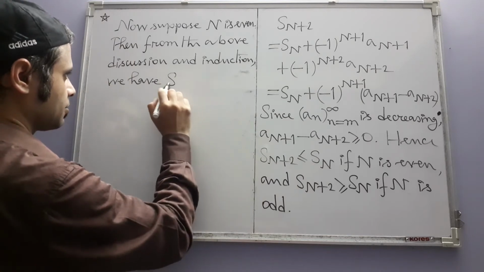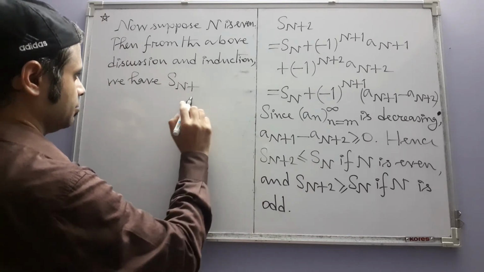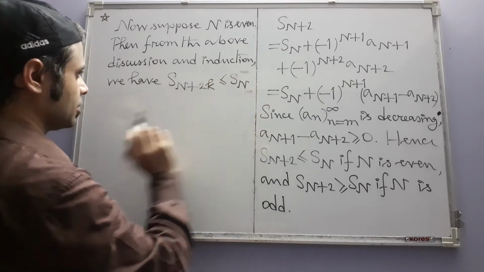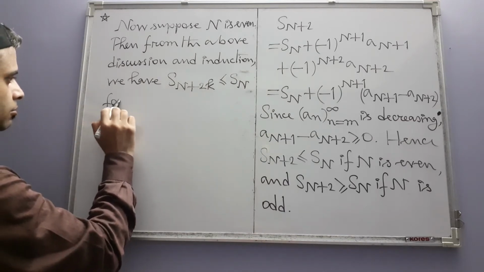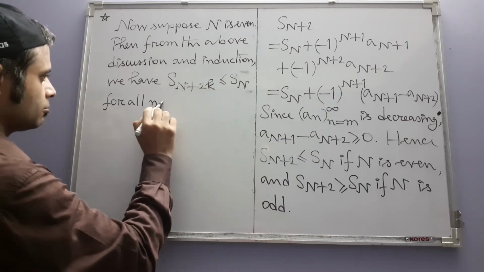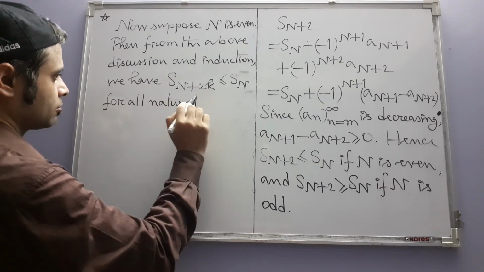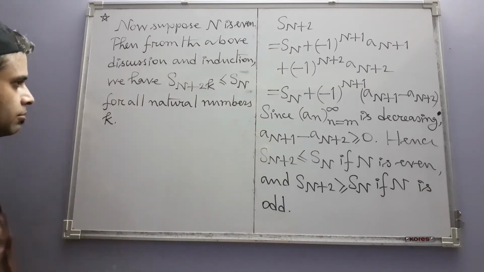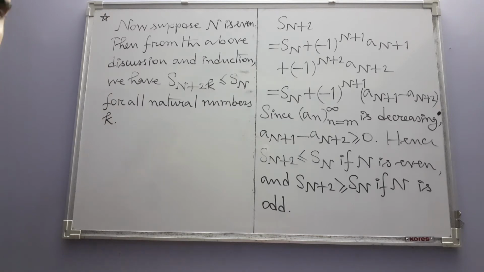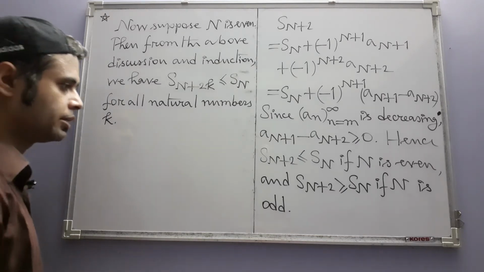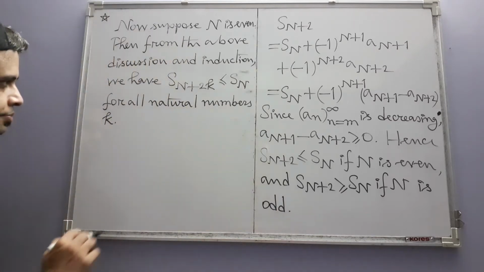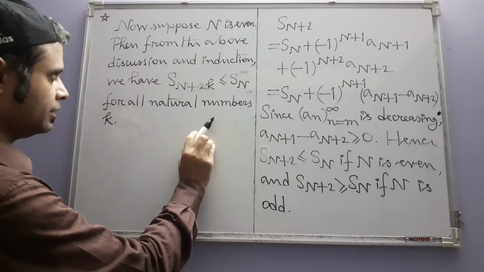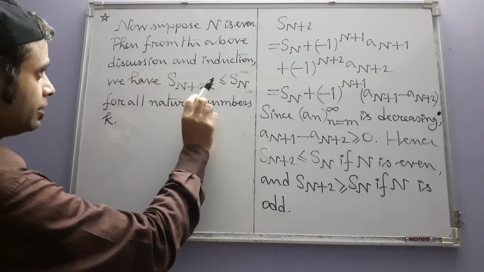This means in its place we have a more general statement: Sn plus 2k is less than or equal to Sn for all natural numbers k. Now where is this coming from? This, of course, you can probably guess, is coming from this inequality. Let us see how. What exactly does the author mean when he says that by the above discussion and induction?